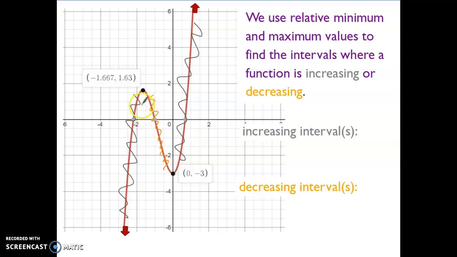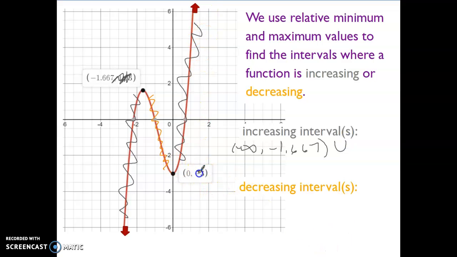So this interval first, left to right, starting here, negative infinity, and on up through, which one of these numbers should I pick? Well, I should only pick the x value. So negative infinity up through negative 1.667. And I see that there's another gray one, which is here.